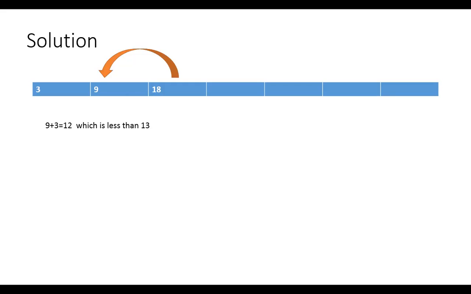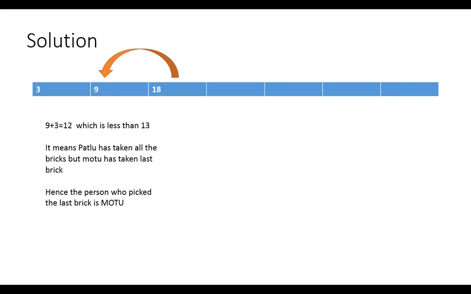It means that Patlu has picked his bricks, but still there are some bricks available because 12 is less than 13. So Patlu has taken his bricks, but Motu has taken the last brick, and the person who picked the last brick is Motu. So this is the solution.